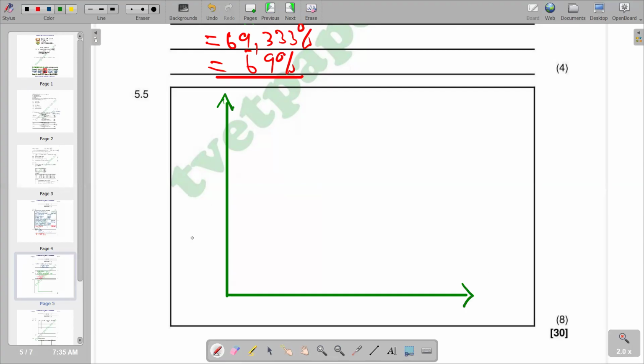Let's take note, this is the point of origin. We indicate it as 0, indicating a point of origin. So our vertical axis represents our y-axis, and the horizontal axis represents our x-axis.